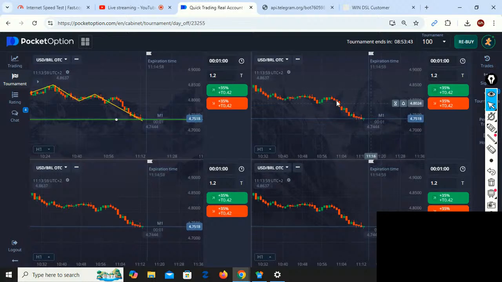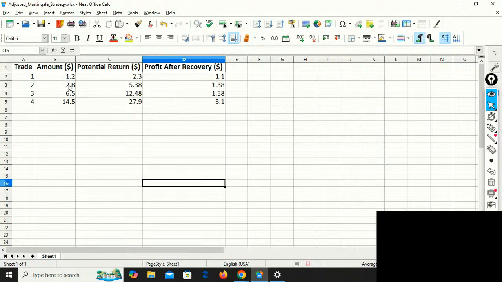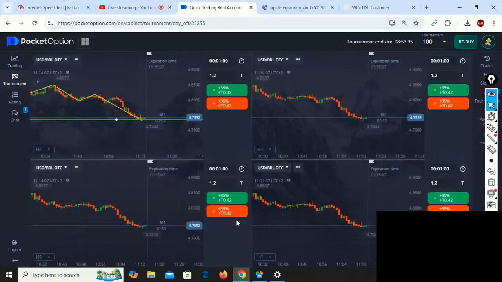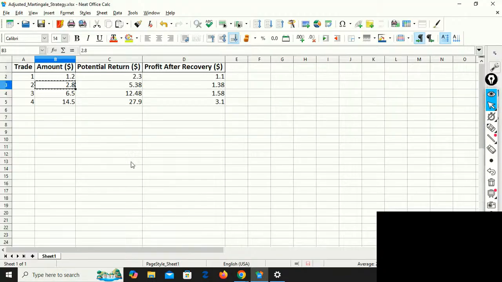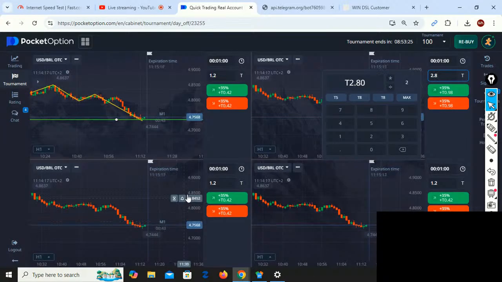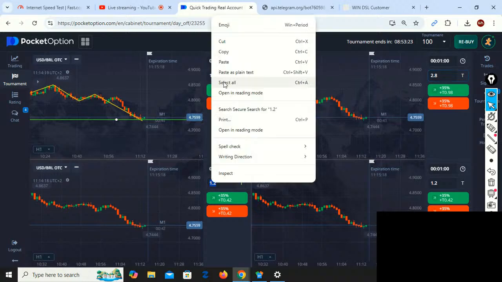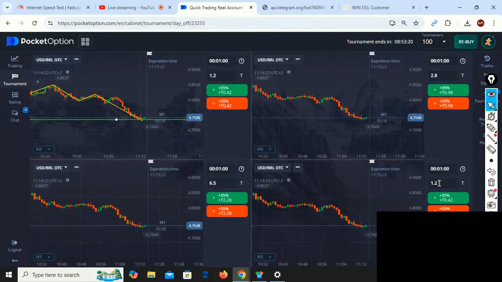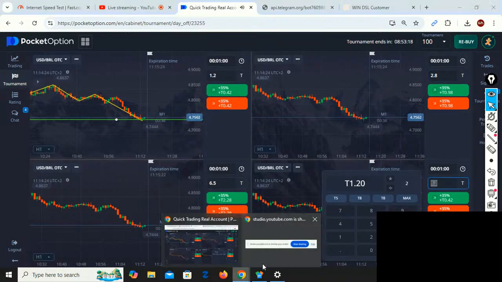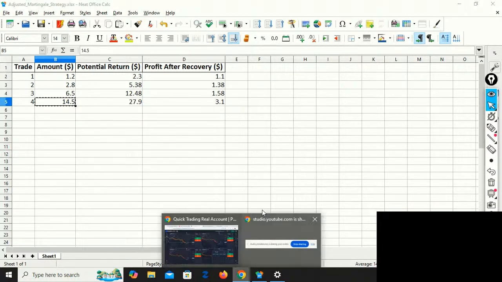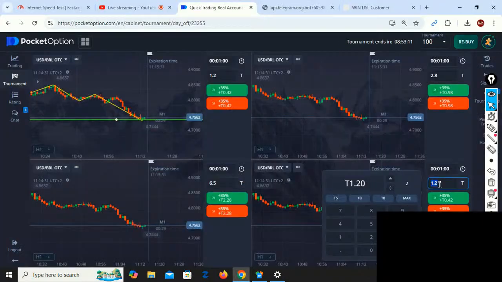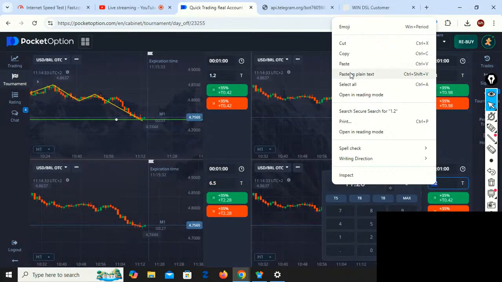So let me set up the trading amounts for easy and fast execution. So 2.8, 6.5, and the last part of the cycle, 14.5.